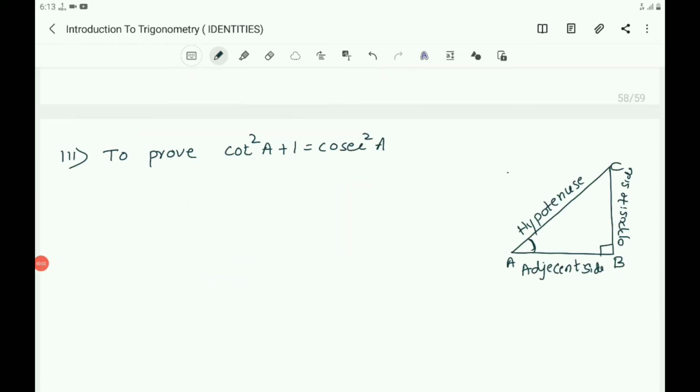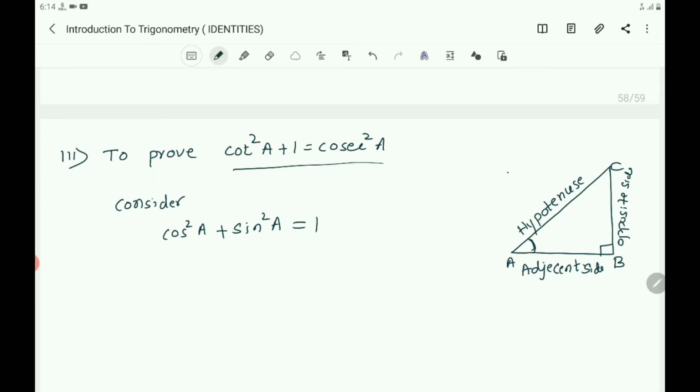Third identity, that is cot square a plus 1 equals cosec square a. To prove cot square a plus 1 equals cosec square a, again you consider the first identity, cos square a plus sin square a equals 1.